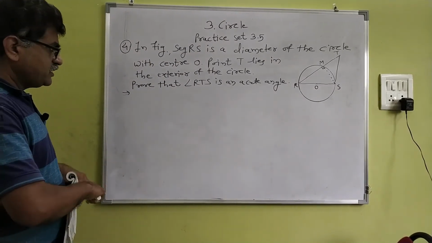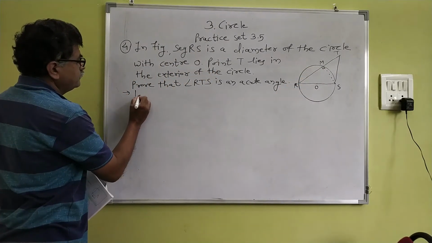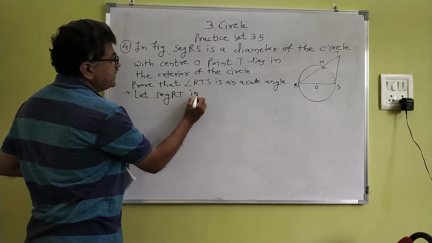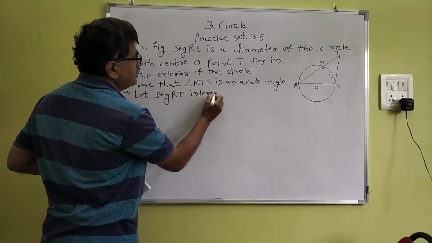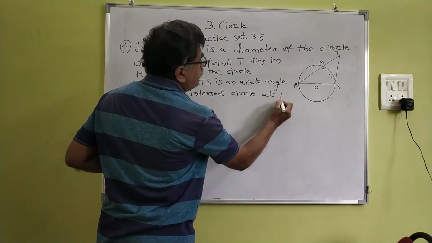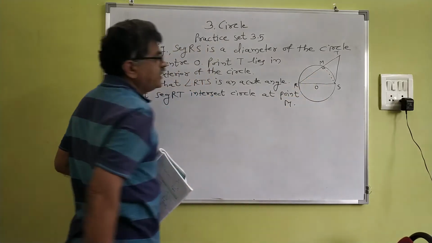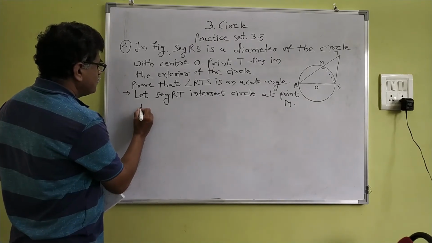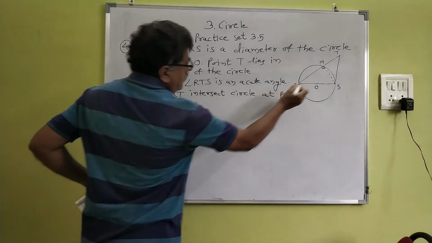Now first write down: let segment RT intersect circle at point M. Draw segment MS.